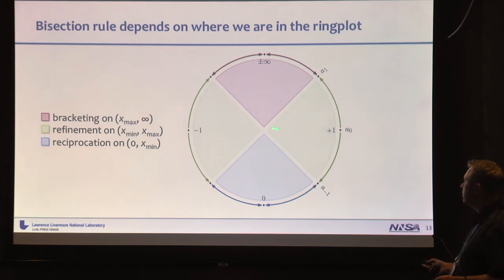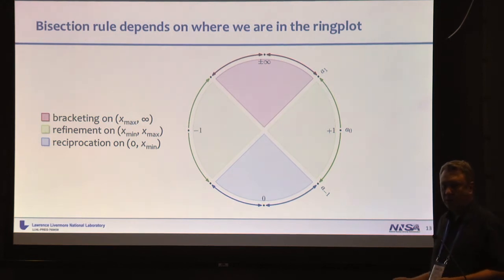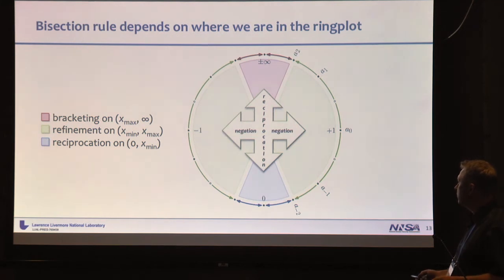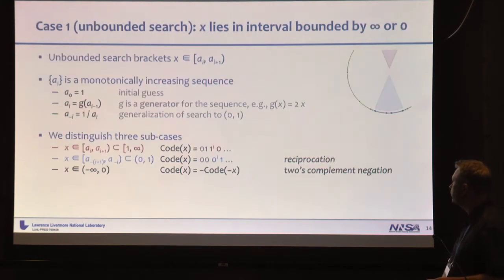We also see that there are these green regions where these intervals are actually bounded, and we're going to use a separate refinement rule for introducing new points there. Think of this as 2 different rules. And again, you have reciprocation and negation.